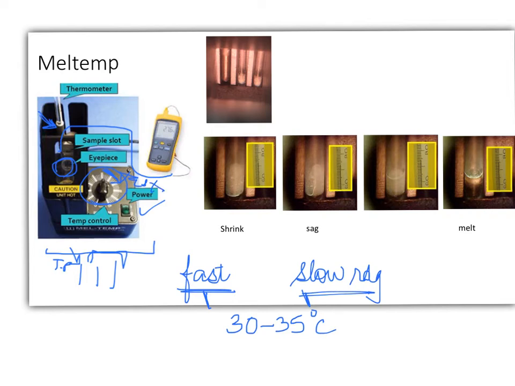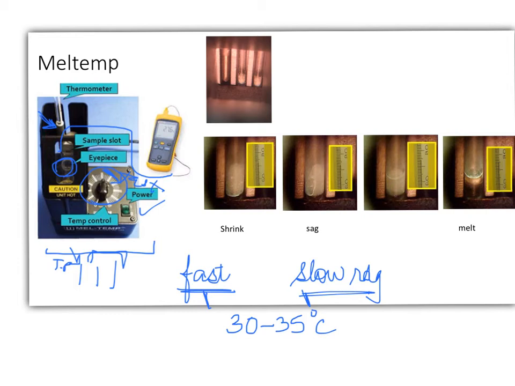Now, one might feel that if the fast reading has errors, why should you even run that in the first place? And the answer to that is that the fast reading will give us a tentative idea where the melting point is. And that is really useful when you have no information about the product and you have a completely unknown material. You get a feel for that fast reading. And then you can run your slow readings and get your confirmation that way.